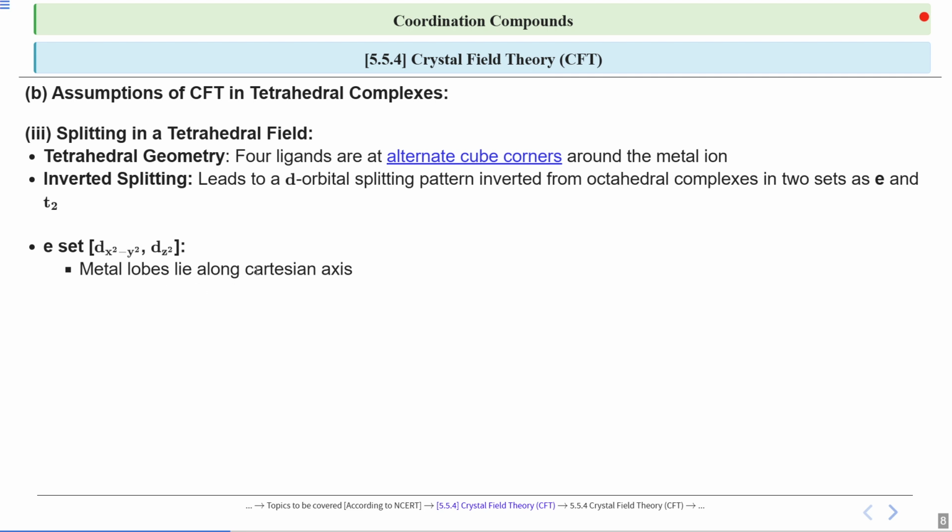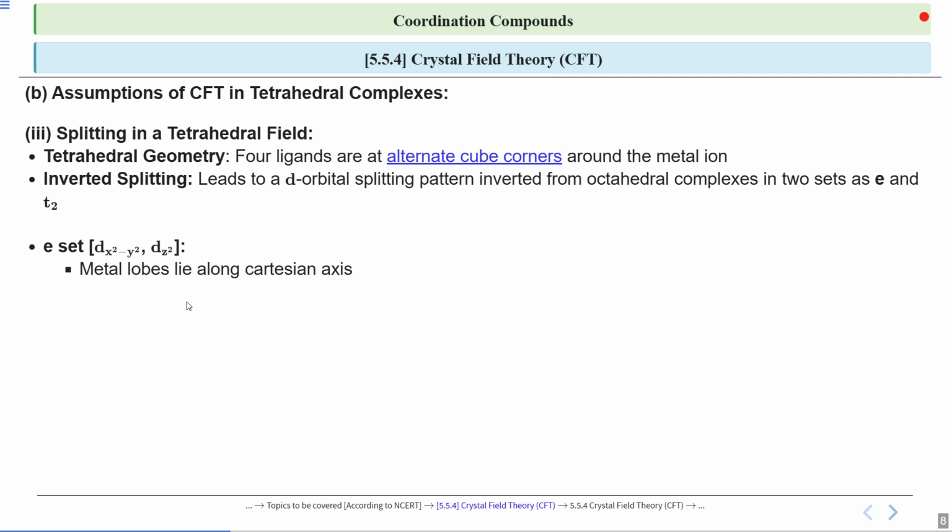Here, the metal lobes lie along the Cartesian axis. Cartesian axis means the x, y and z axis in the 3D plane. So the metal d orbital lobes lie along the Cartesian axis in the E set of the tetrahedral complexes.